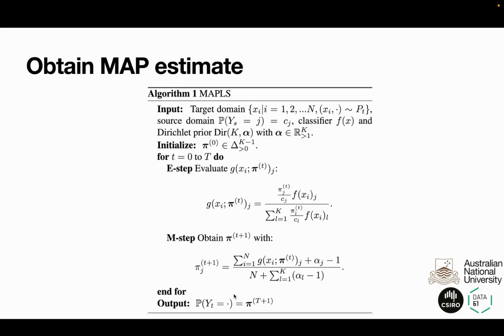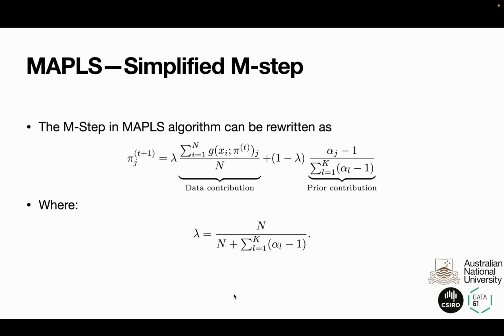We derive an EM algorithm to obtain the MAP estimate of pi. We name our model the MapLS algorithm. We prove that the MAP estimate is unique, and our MapLS algorithm converges to the unique MAP estimate of pi. In the MapLS algorithm, we can rewrite the M step as a linear combination of two terms, the data contribution term and the prior contribution term.